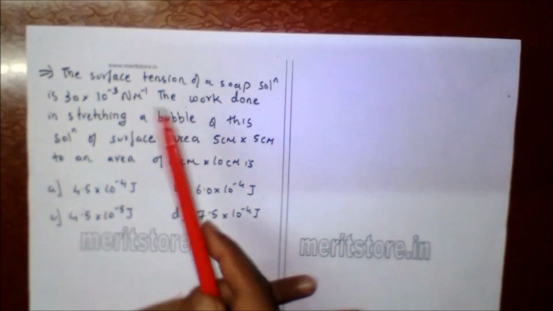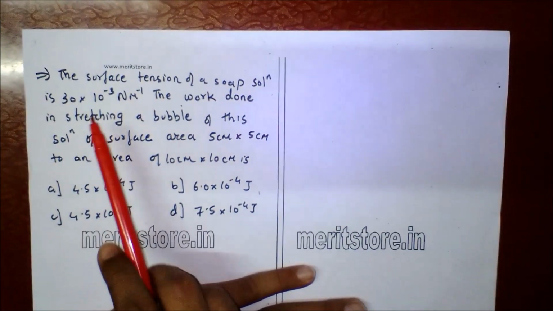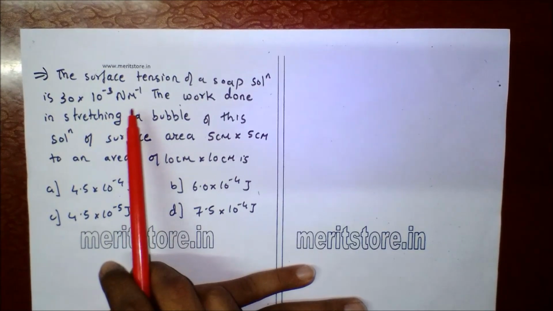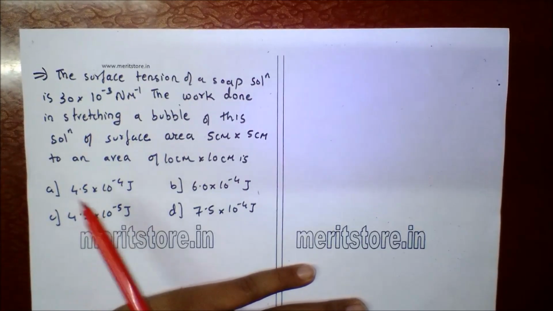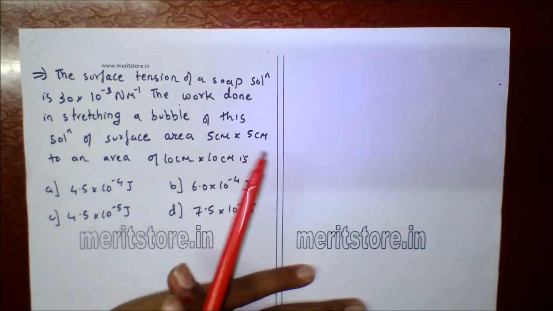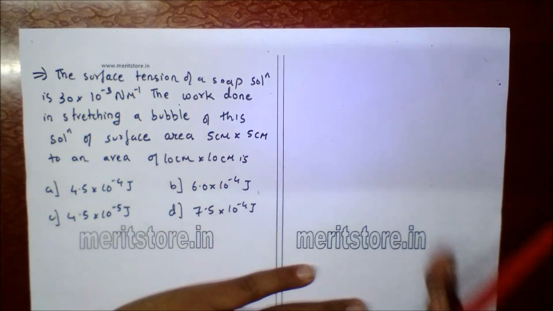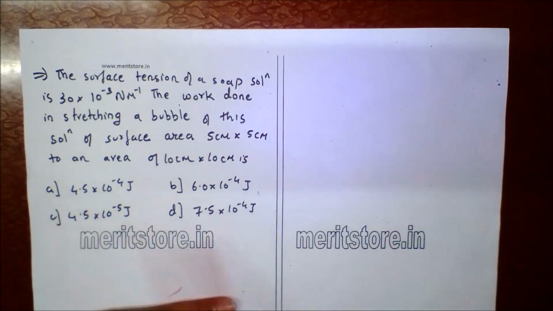The surface tension of a soap solution is 30 into 10 raised to minus 3 N per m. The work done in stretching a bubble of this solution of surface area 5 cm into 5 cm to an area of 10 cm into 10 cm is, here are the options.